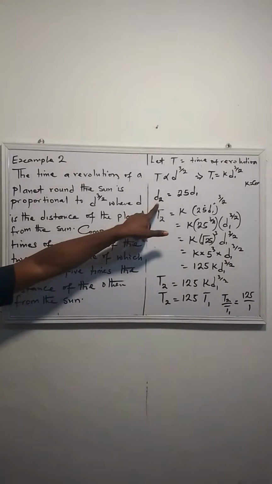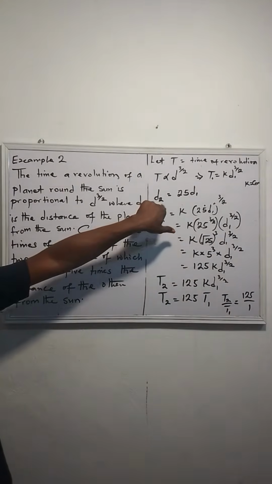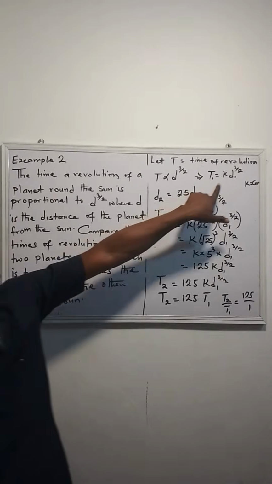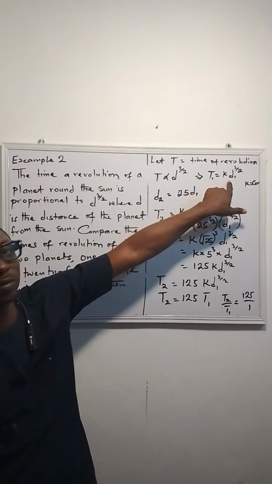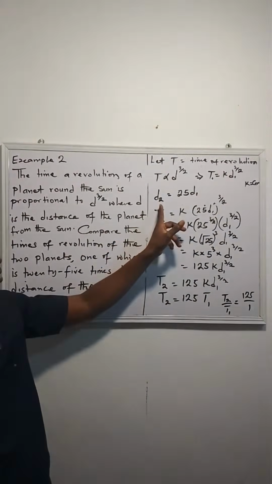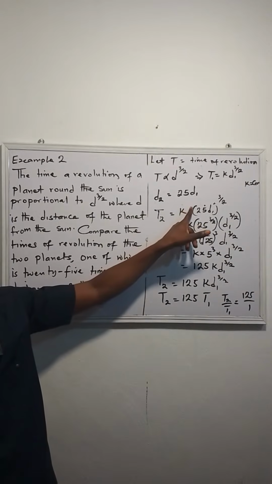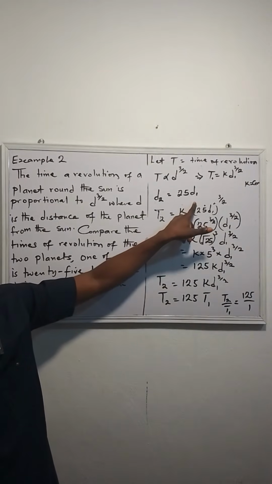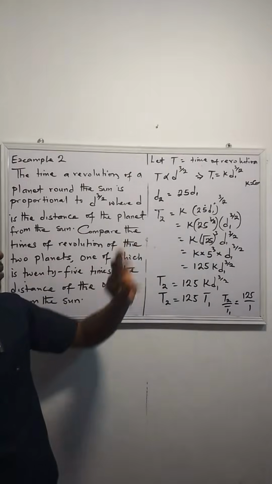So the distance of the second planet is 25 times the distance of the first one. If the distance of the first one is D1, the distance of the second one is going to be 25 times D1. All right, and that is what we have here.